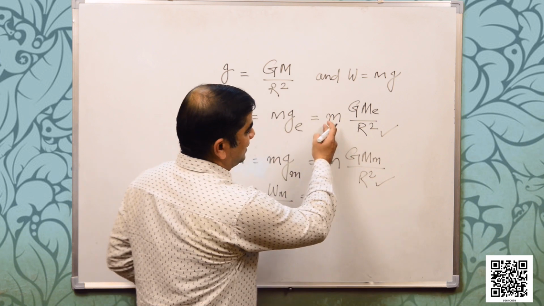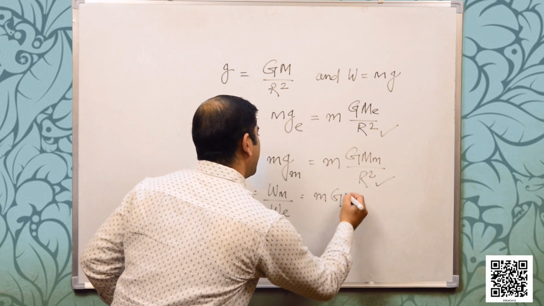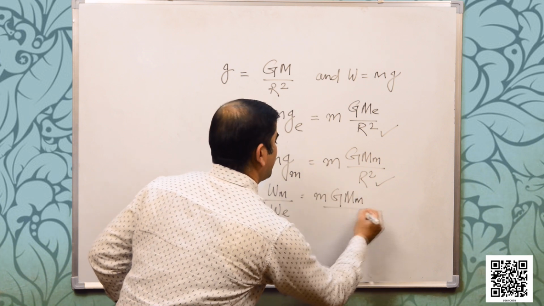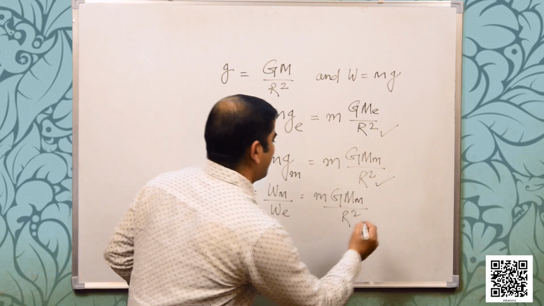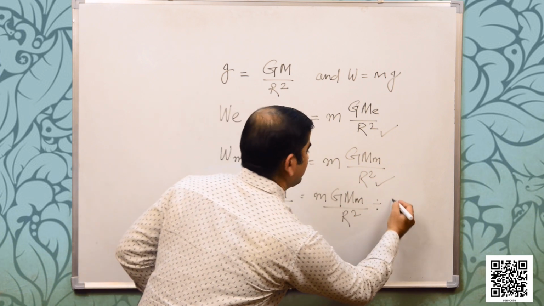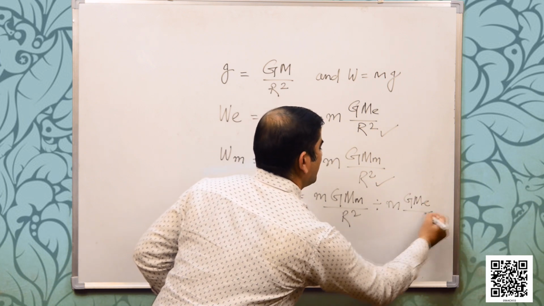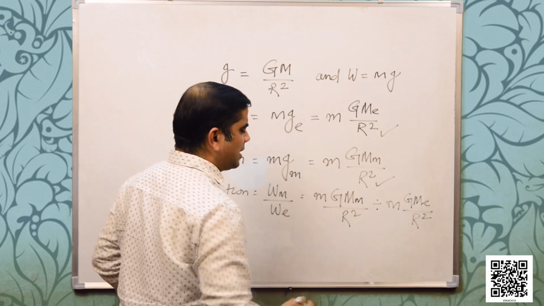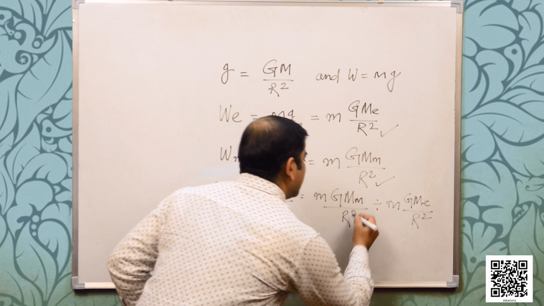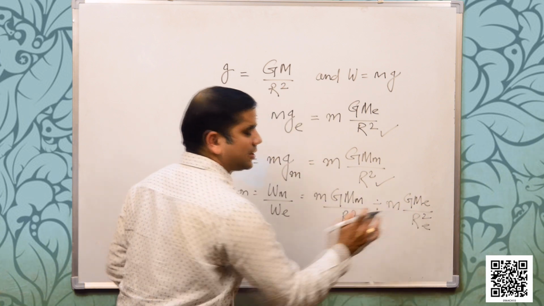See, this divided by this: m G M_m by r square, divided by m G M_e by r square. For differentiation in radius, we can also write r_m and r_e, that means radius of moon and radius of earth.